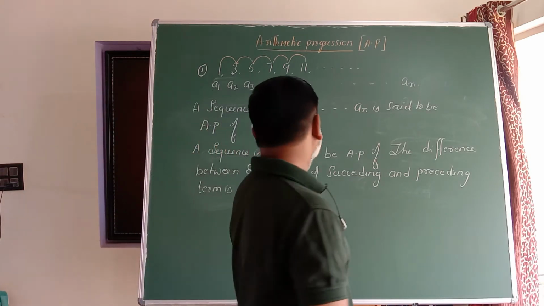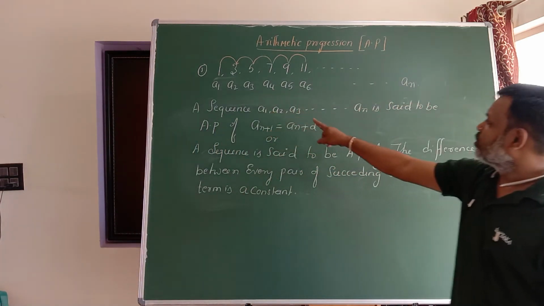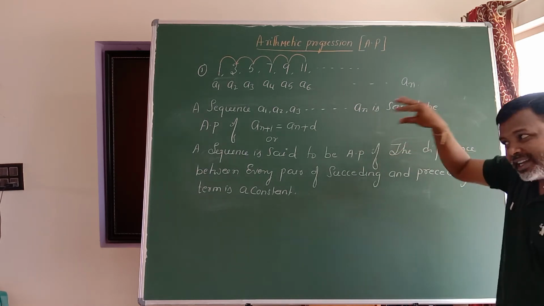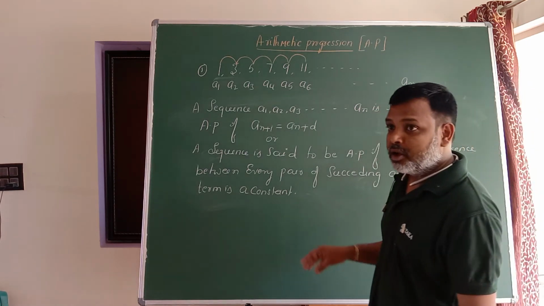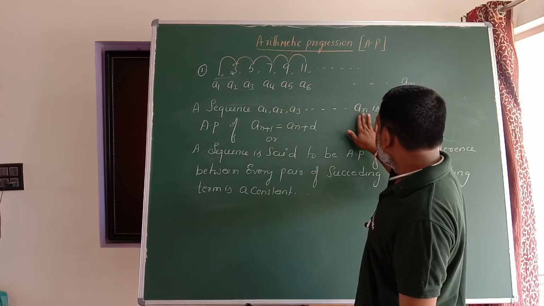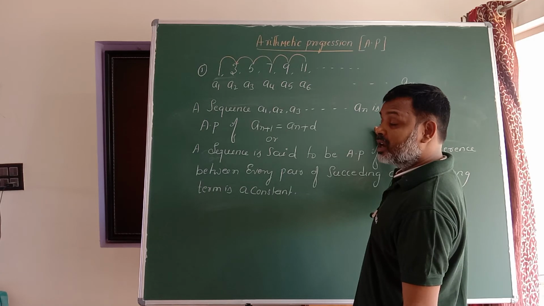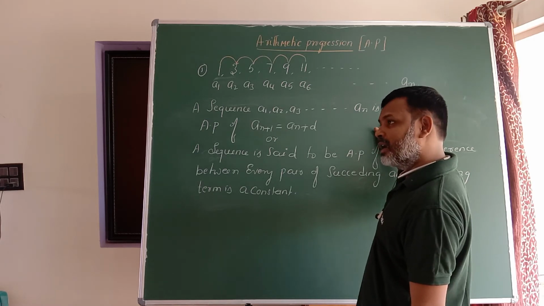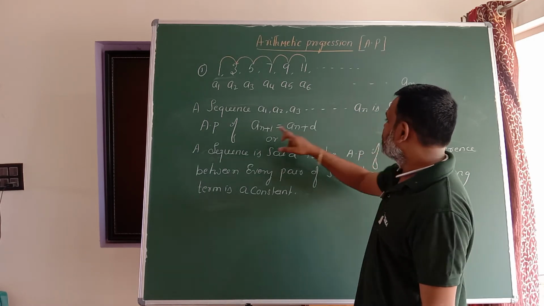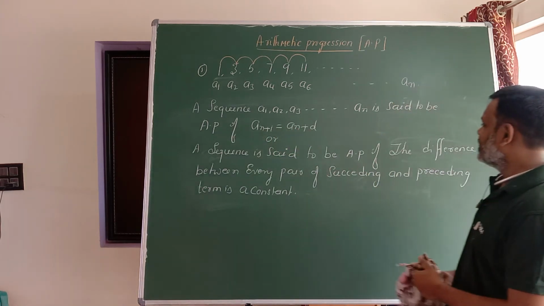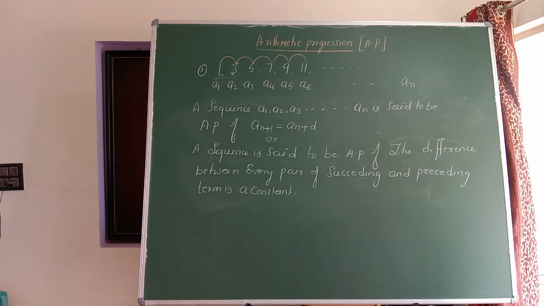Understand my point? A sequence A1, A2, A3, and so on up to AN is said to be an arithmetic progression only when, up to AN, the next term AN plus 1 is obtained by adding a constant to AN. Therefore, AN plus 1 is given by AN plus D. A sequence is said to be AP if the difference between every pair of succeeding and preceding term is a constant.